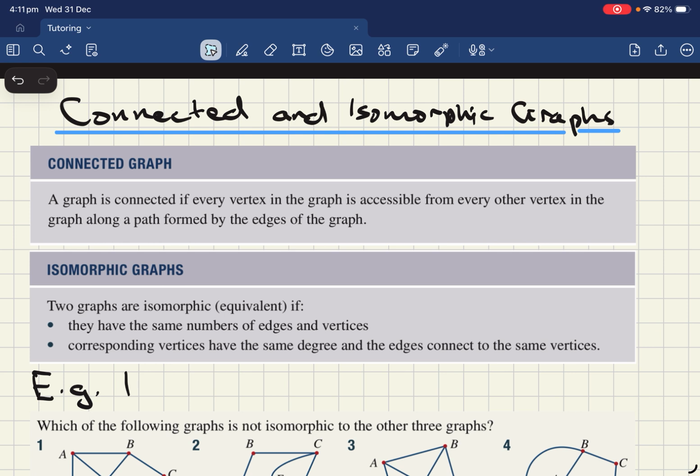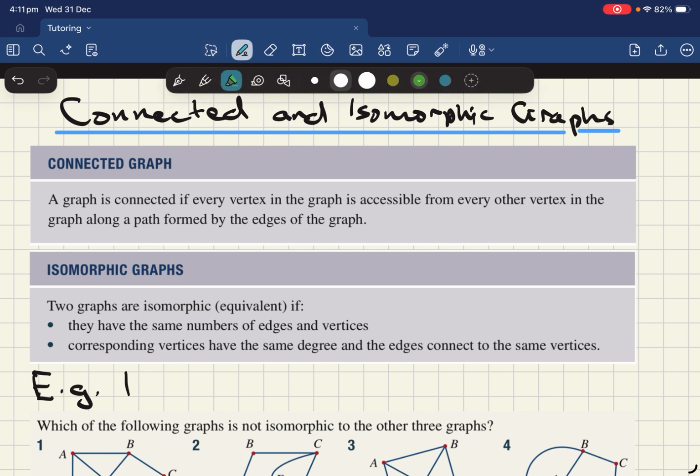Now, when we talk about isomorphic graphs, isomorphic is just another word for equivalent. Now, we've talked about equivalent a lot in other contexts. Think about an equivalent fraction, right? Half and 2/4 are two equivalent fractions. They're a different way of communicating the same thing.